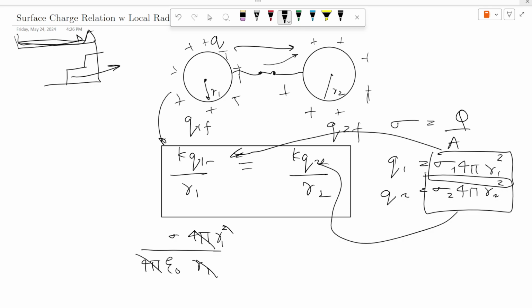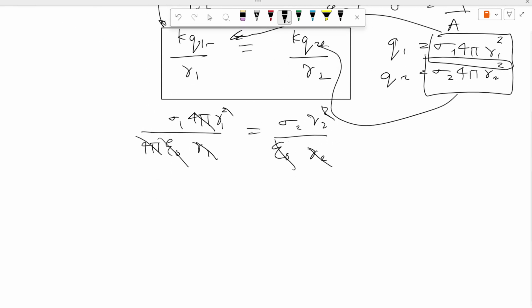This gets cancelled out, and similarly on the other side, with epsilon naught, this is 1, this is 2, and r2 square upon r2. So the expression that we get from all this looks somewhat like this.